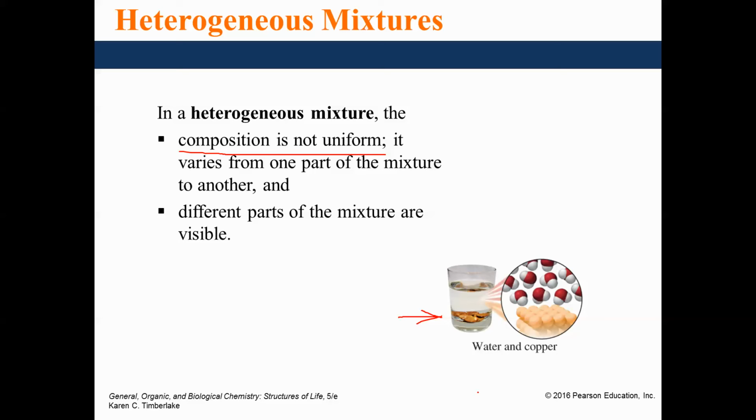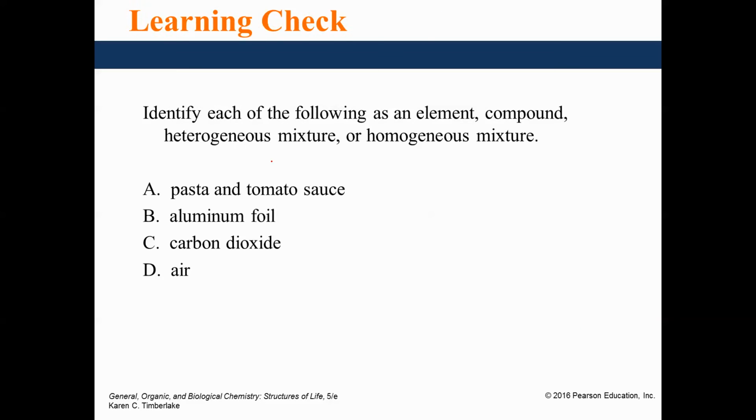There's lots of food examples. A pizza or a tossed salad would be great examples because they're not uniform throughout. We have these components which don't dissolve into each other but are sort of adjacent to each other. So heterogeneous mixtures, they don't dissolve in each other. Homogeneous mixtures, they do dissolve in each other. And mixtures are different than compounds because the composition's variable in a mixture and the materials are not chemically bonded to each other.